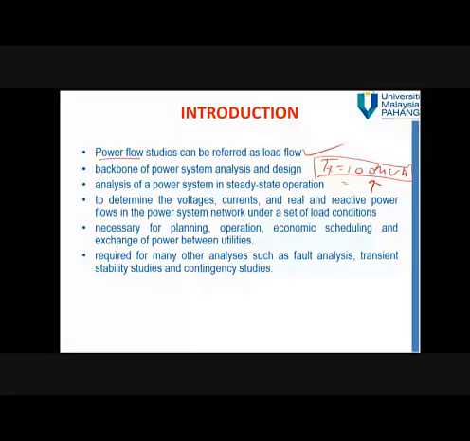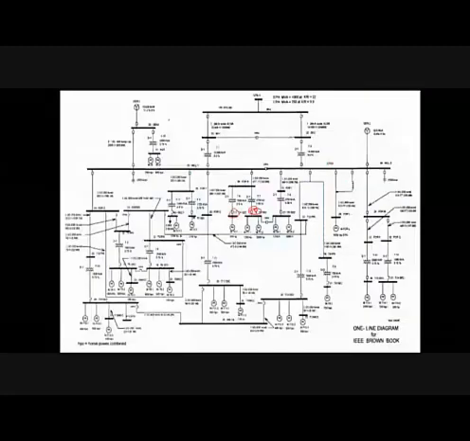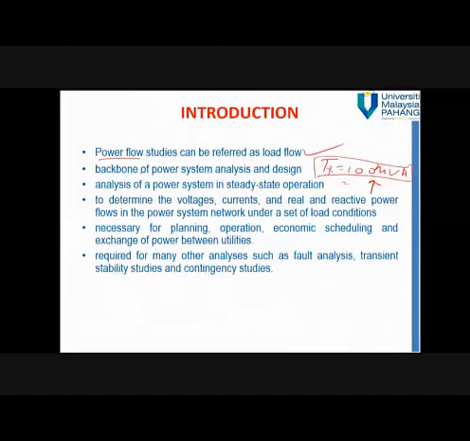Transmission line, and here we have a circuit breaker. We have to select the right size of circuit breakers, the right size of transformer, the right size of cable, and so on. That's why we have to run the load flow. That's why usually we say the load flow is the backbone of power system analysis.